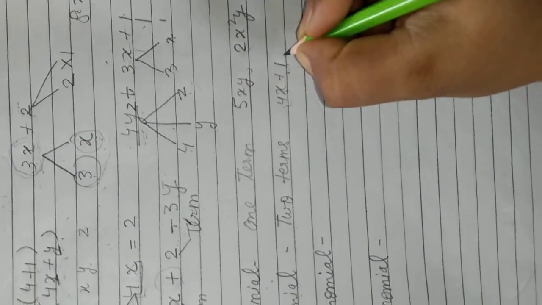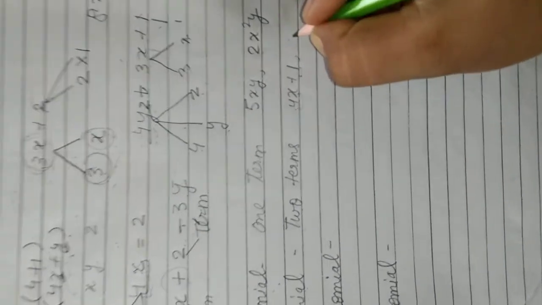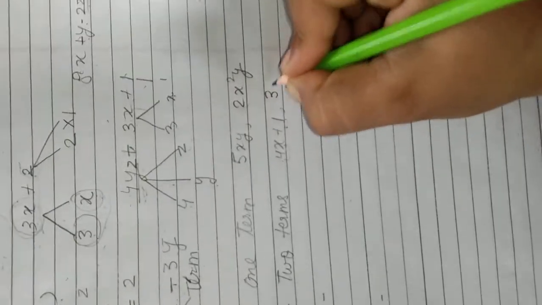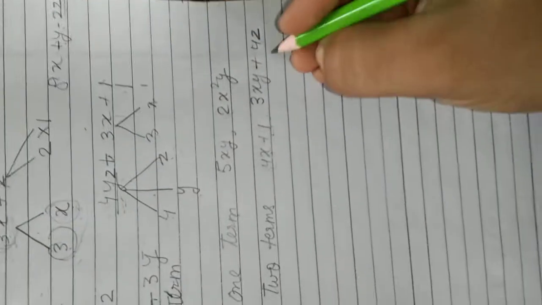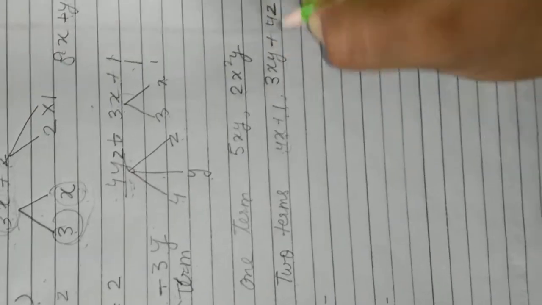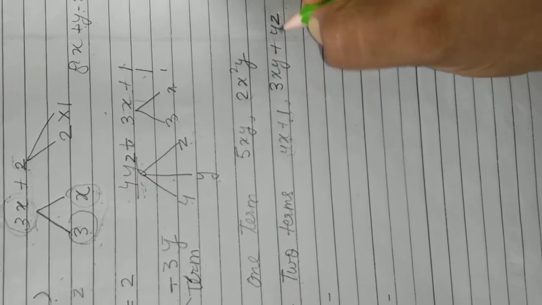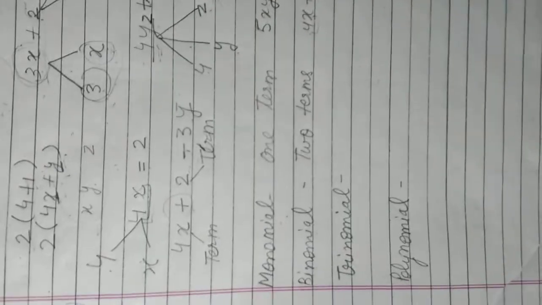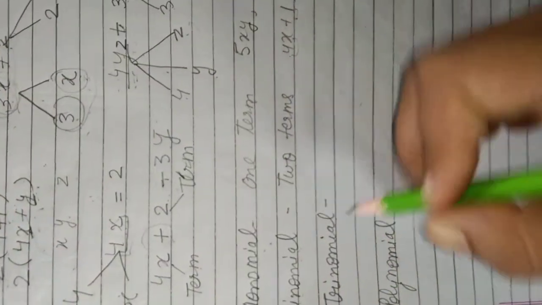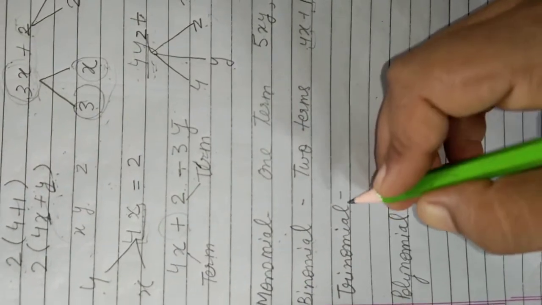And next is 3xy plus 4z. Again 3xy is the first term and the second term is 4z, and both terms are separated by addition.